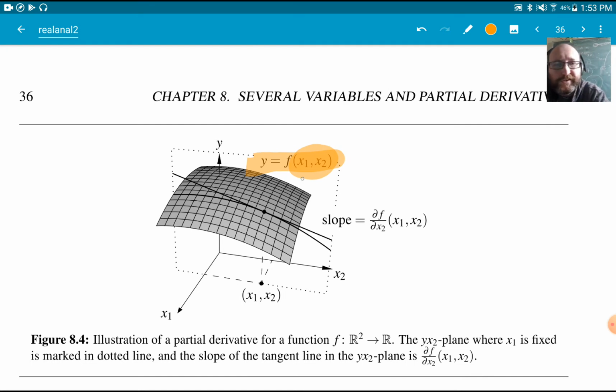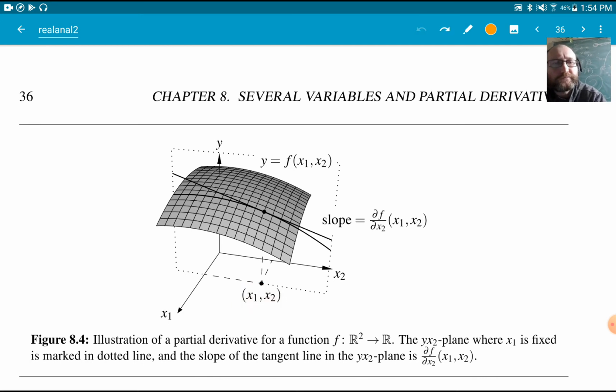So it's a function from x1, x2 into y, from R2 to R. And here I've drawn the graph of it. The graph would be in 3 dimensions, and it's this surface over here that's giving you the values of f over points in the x-plane.